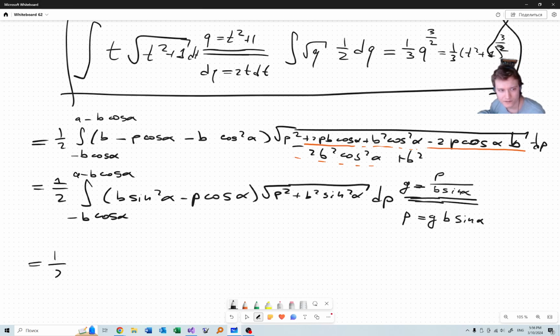First of all, what about the integral? Since we now divide everything by b sine alpha, we get minus cotangent alpha and a over b sine alpha minus cotangent alpha. What do we get here? b sine squared alpha minus p cosine alpha, which is g b sine alpha cosine alpha.